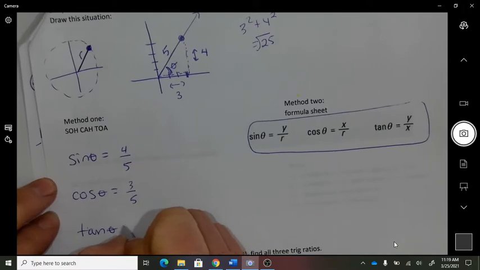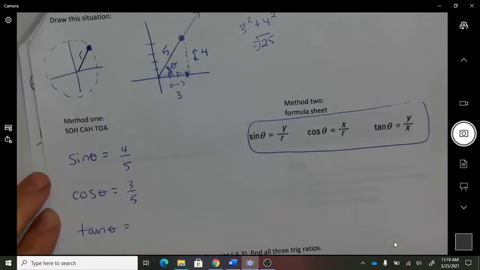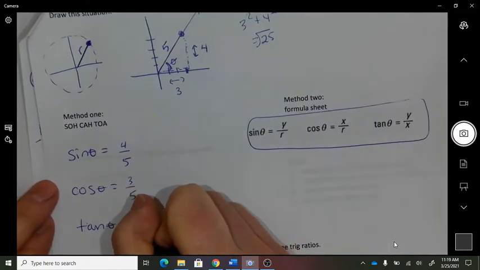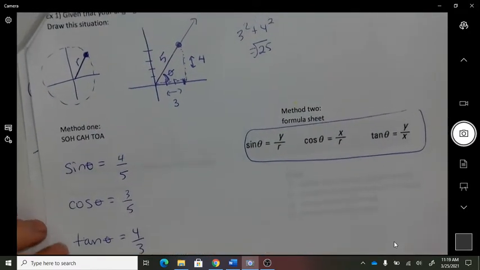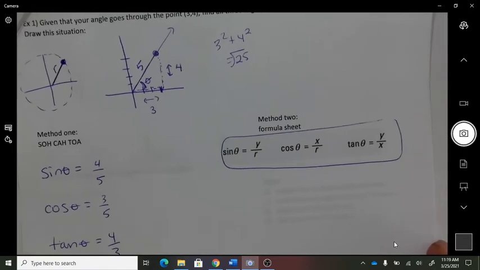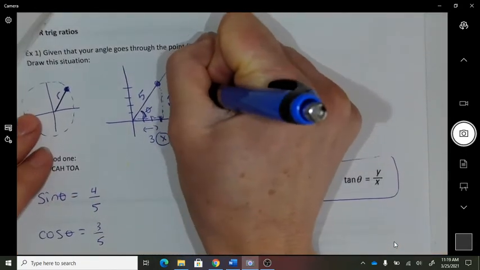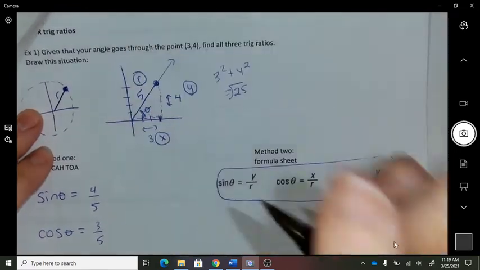And tan of the angle is the opposite, 4, divided by the adjacent, 3.